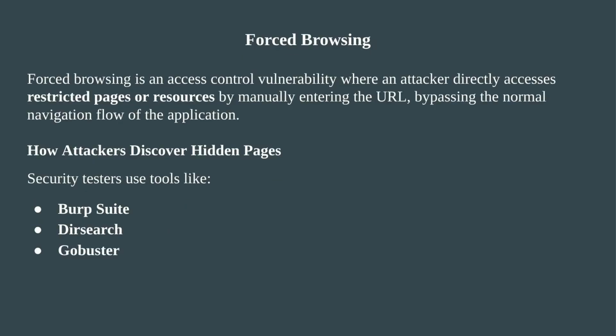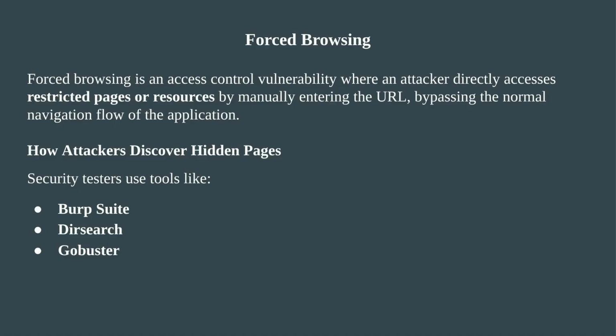Forced browsing. Forced browsing occurs when an attacker directly accesses restricted pages by manually entering the URL. For example, a user may attempt to access wp-admin/plugins.php even if the website navigation does not allow them to reach that page.